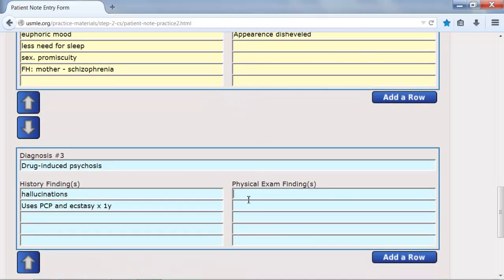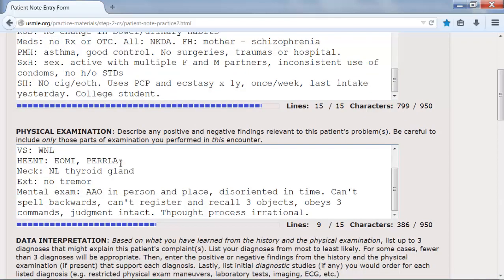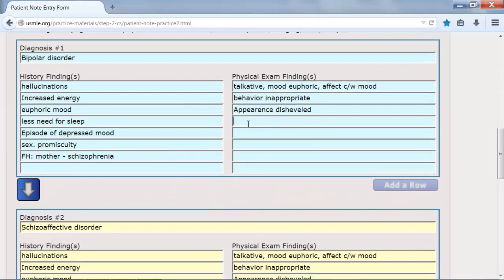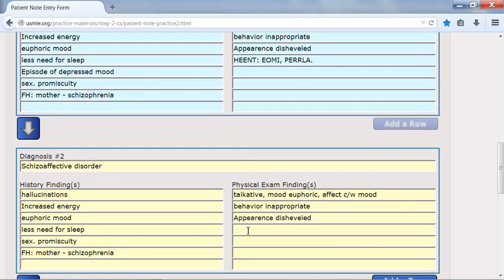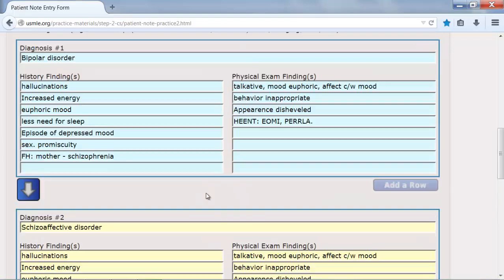Actually, it can go here also. What else? This will go for the first two, but pupils can be changed in drug-induced psychosis, so we don't put it here.